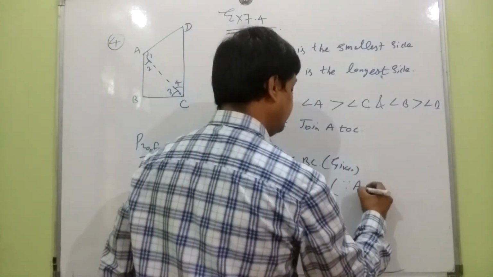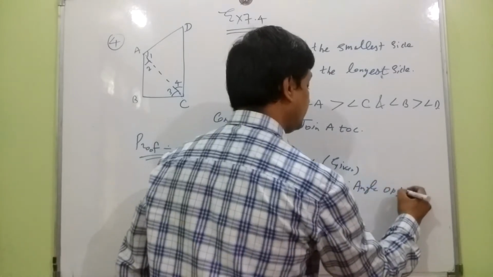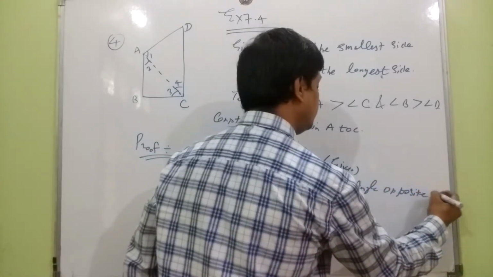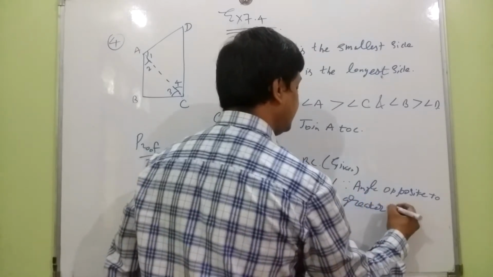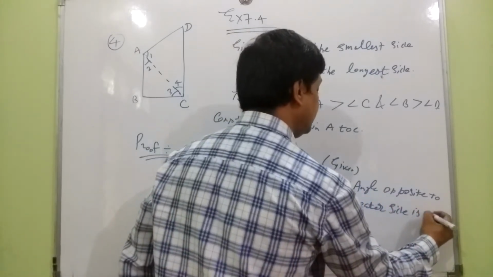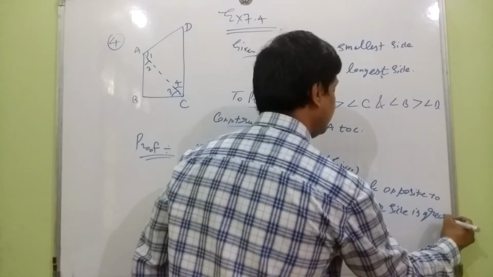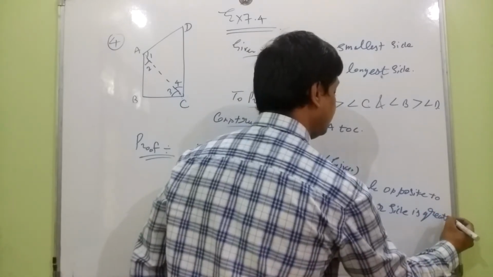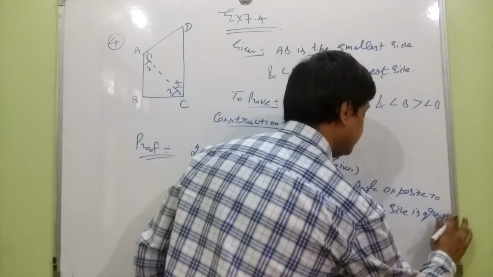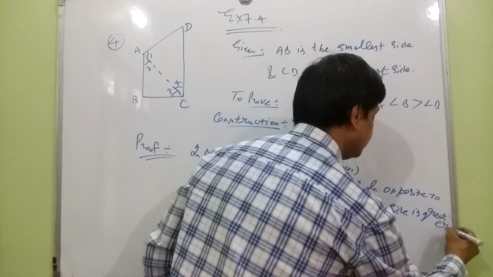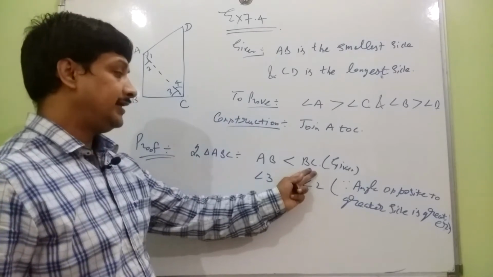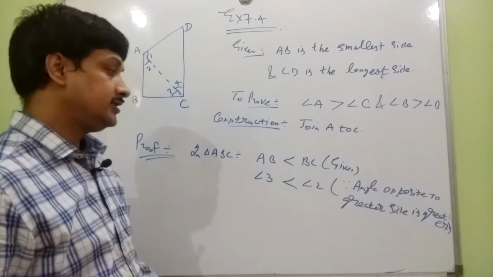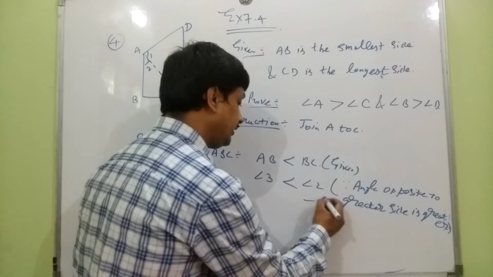Since the angle opposite to the greater side is greater, if BC is greater, then the angle opposite to it is also greater. So it is inequality number 1.